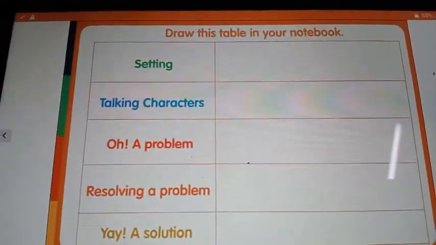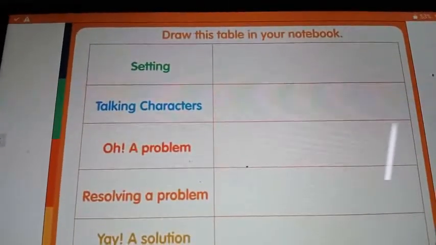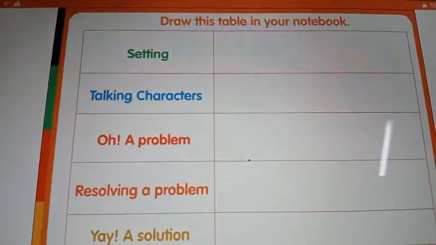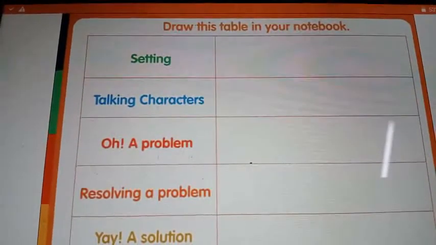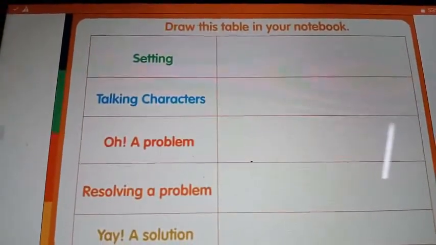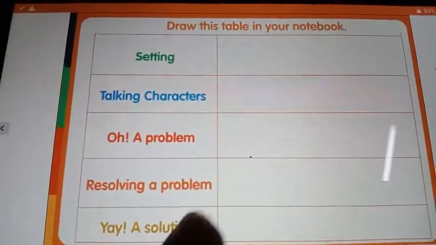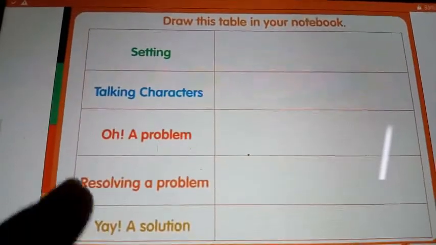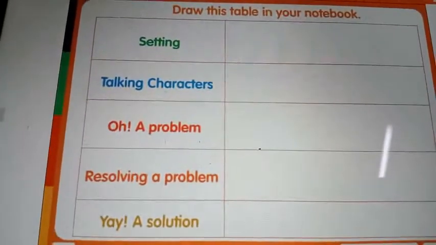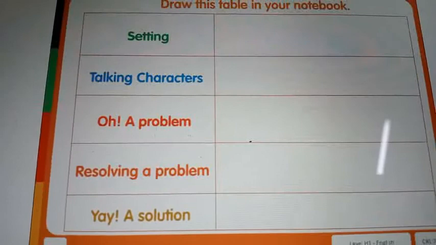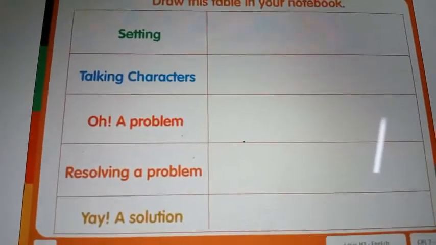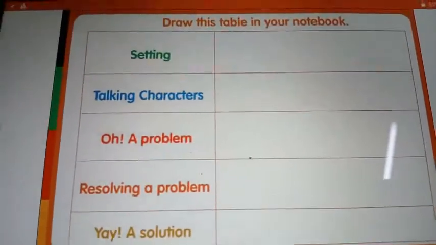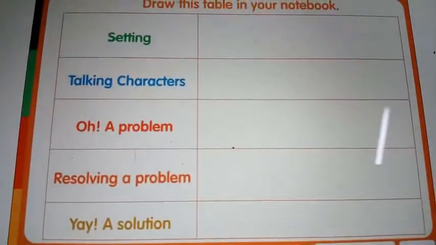The settings: Cinderella's house. Talking characters: Cinderella, stepmother and stepsisters, you have to draw. The problem: they did not allow her to attend the party. Resolving the problem: she tried to leave the place but the door was locked. A solution: a fairy came and helped.